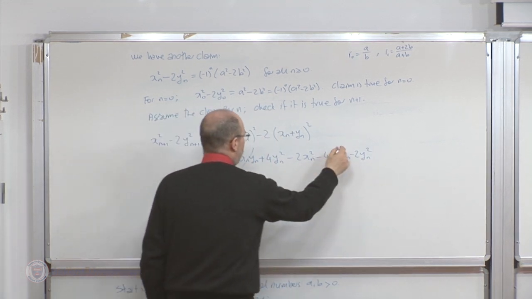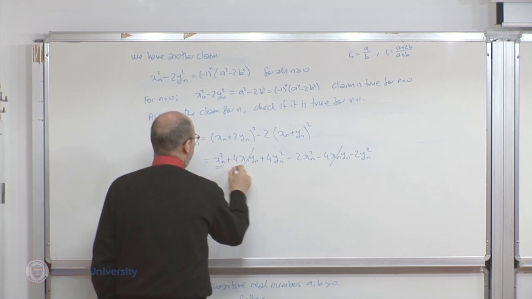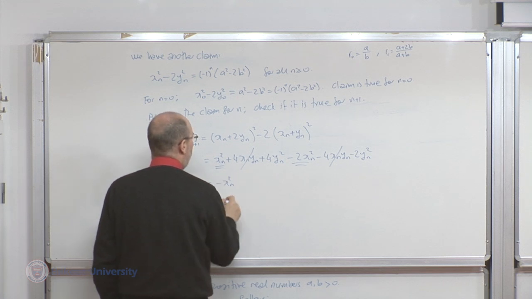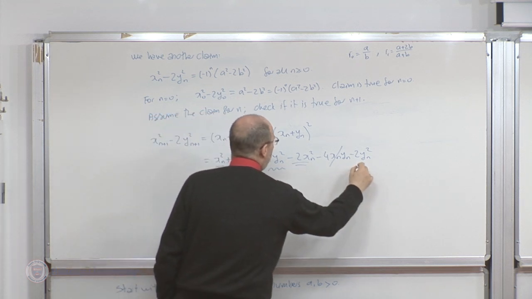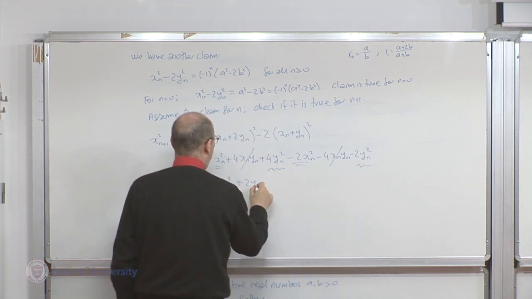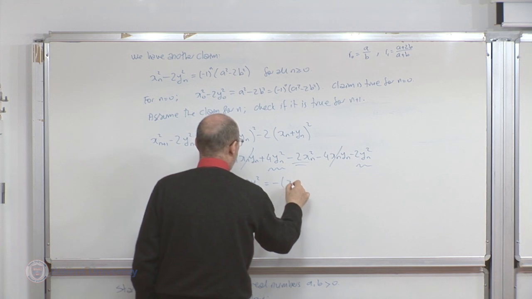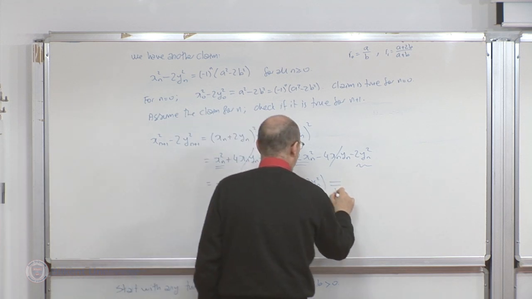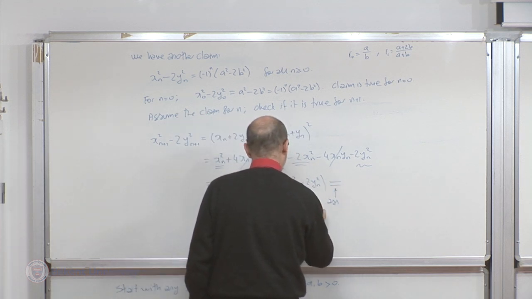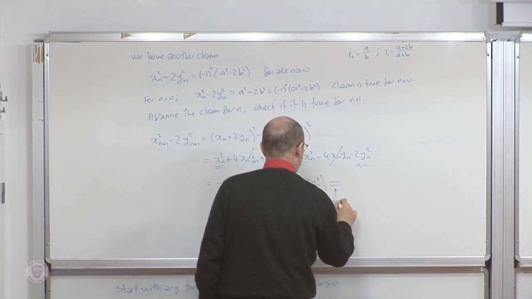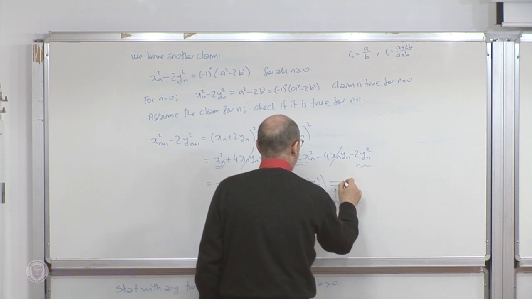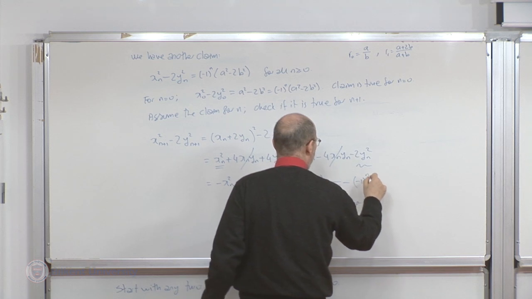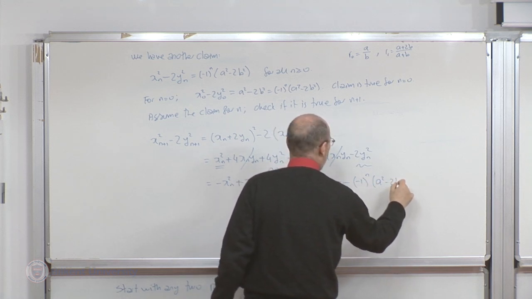Okay, so these things cancel. And what do I have? This is equal to −xn² plus 2yn², so this is −(xn² − 2yn²). By the induction assumption, this is −(−1)^n (a² − 2b²).